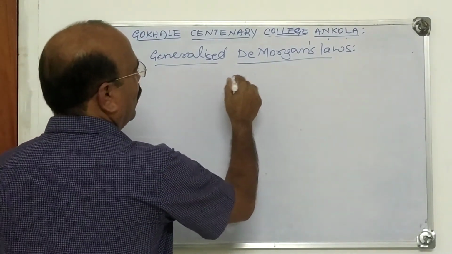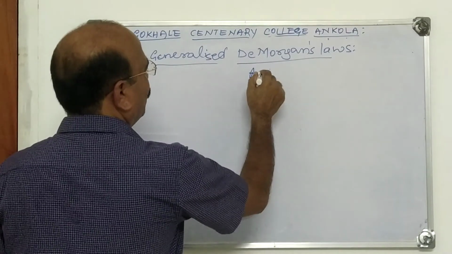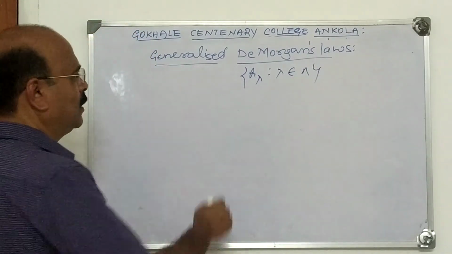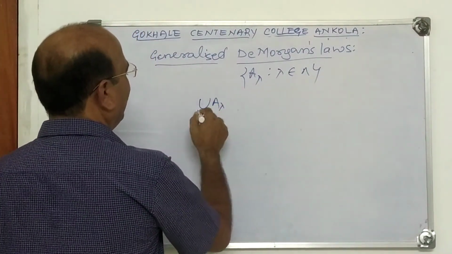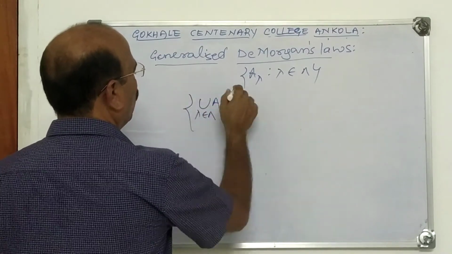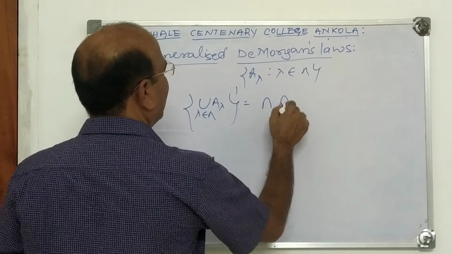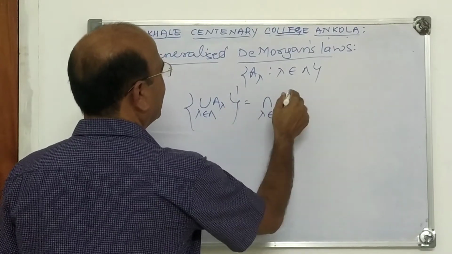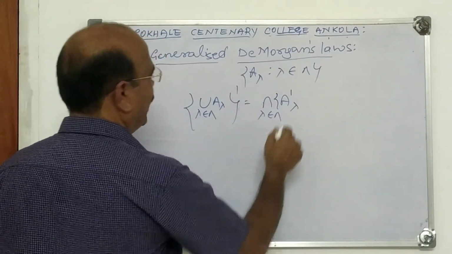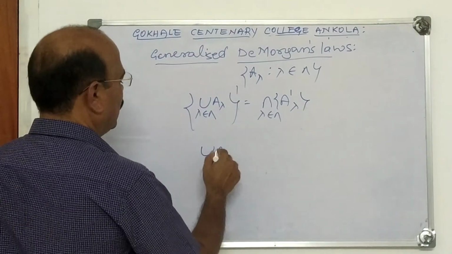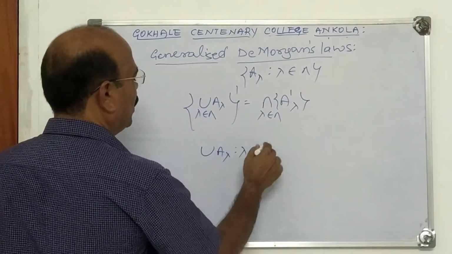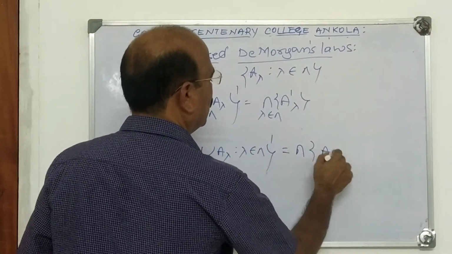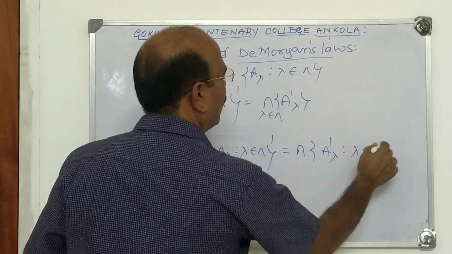Suppose A lambda, lambda belongs to lambda, is an indexed family of sets. Then the complement of the union of A lambda, lambda belongs to lambda, is the intersection of A lambda complement, lambda belongs to lambda.